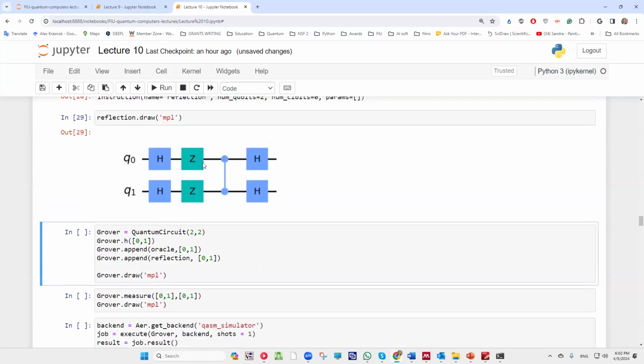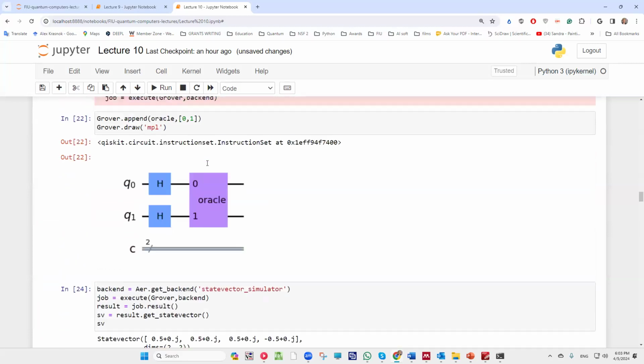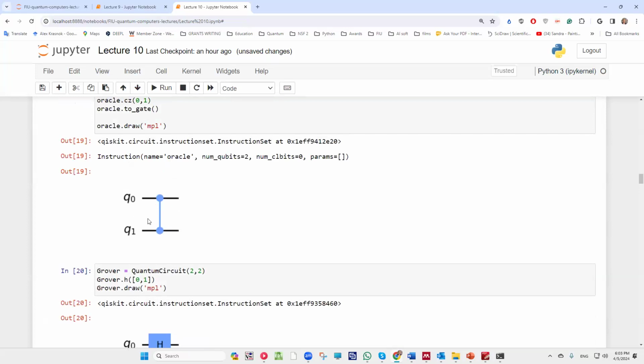It looks a little more complicated than the oracle, because the oracle is just a single 2-qubit gate. But the oracle is designed for different elements, so the oracle is different.